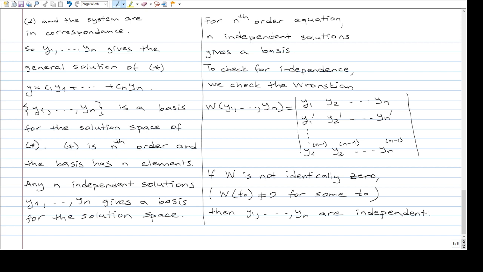Let me show you an example where we use this Wronskian to check for independence.